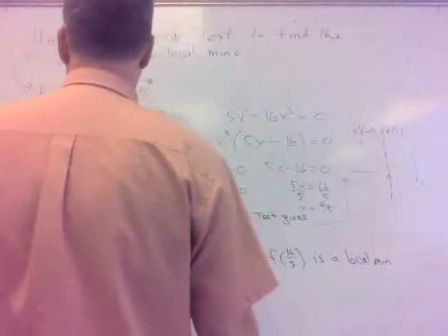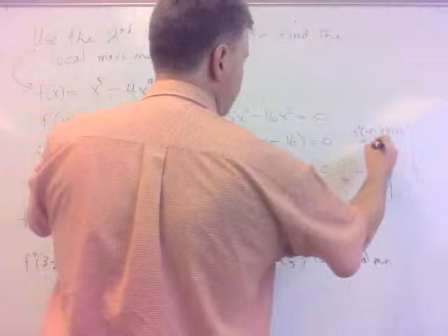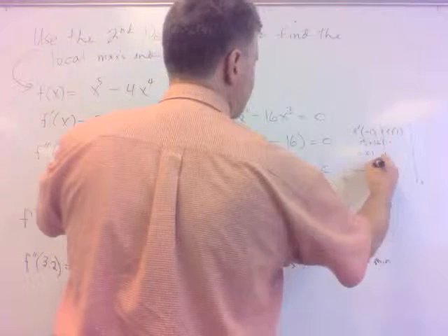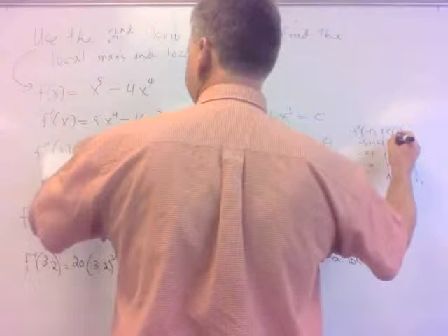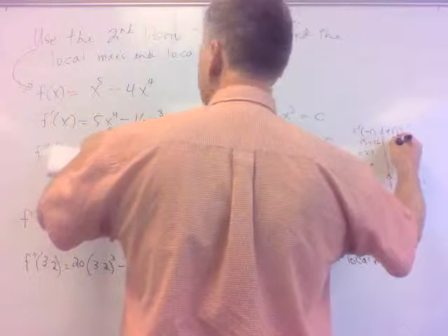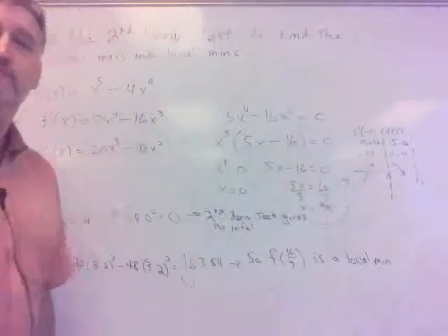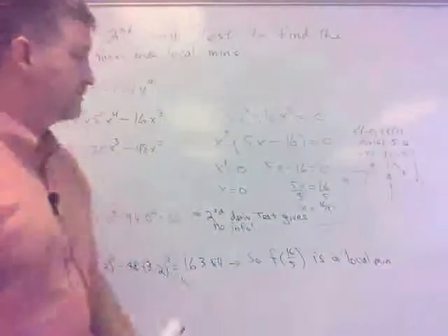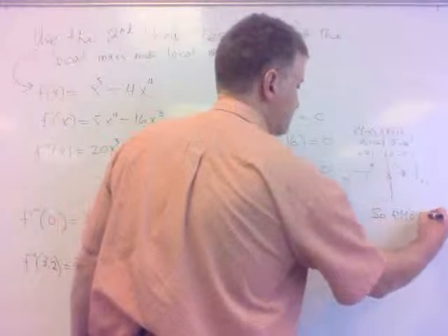At negative 1, we'd have 5 times 1 is 5, and negative 16 times negative 1 would be positive 16. That's positive 21. So that's increasing on that side. F prime of 1 would be 5 minus 16, wouldn't it? So that'd be negative 11. So that's decreasing. So I do have a maximum there, don't I? Increasing to decreasing, so that's a max. So f of 0 by the first derivative test is a local max.